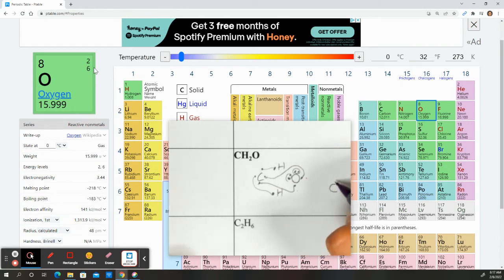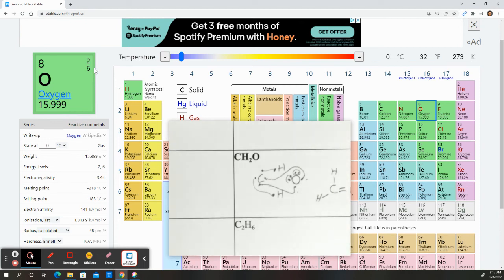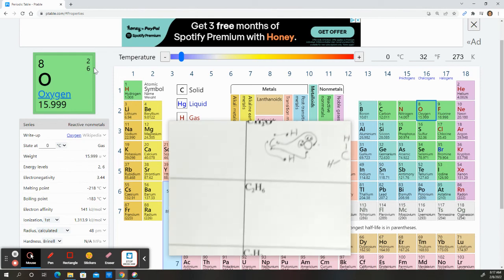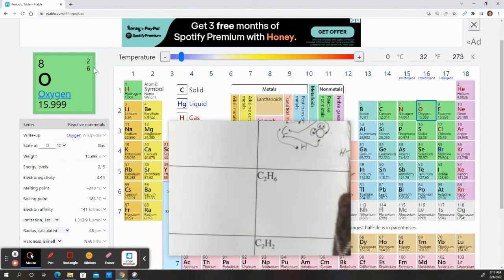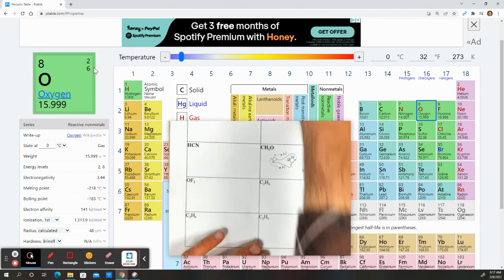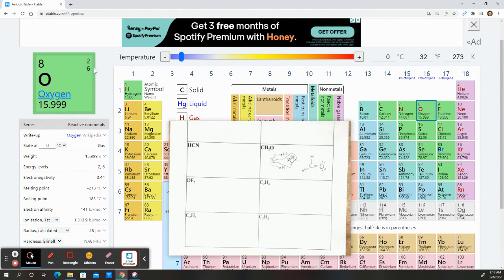So we had carbon connecting with one hydrogen up here, another one in this area, and then we had a double bond, notice 1, 2, to oxygen. So that's pretty much it for that one. So anyways, try out all of these other molecules and check with the teacher, see if they're correct.